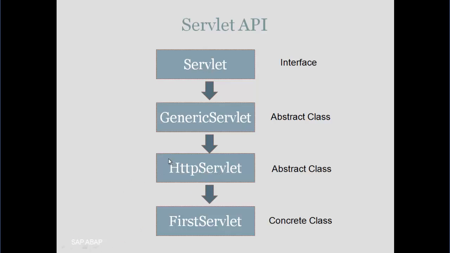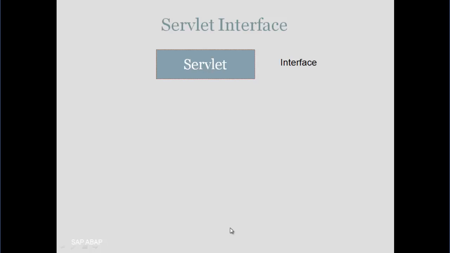So it's always a good idea to extend the HttpServlet class instead of extending the GenericServlet class or implementing the Servlet interface. So now we will have a look at the different methods that are being provided by the Servlet interface and all of these classes.